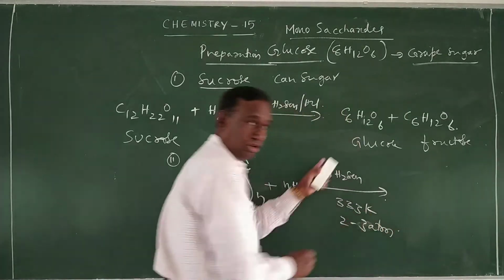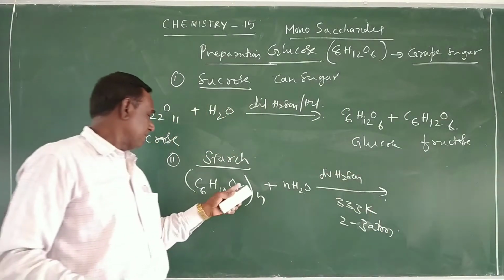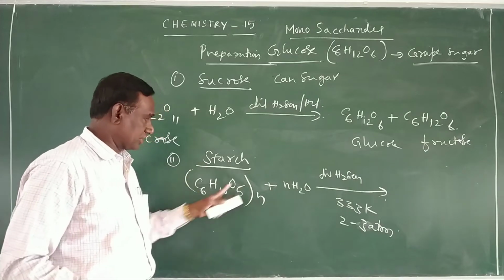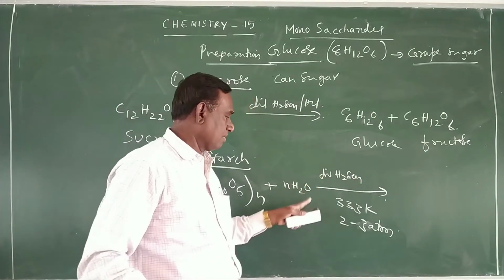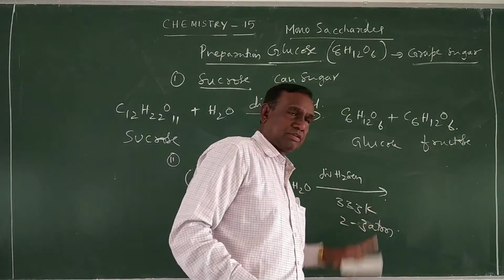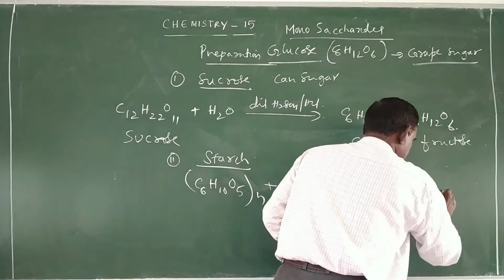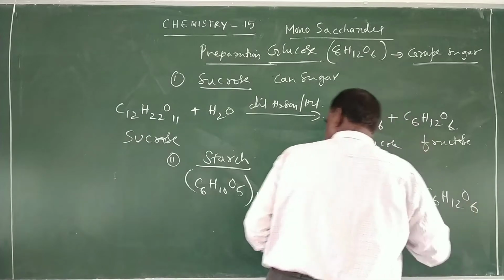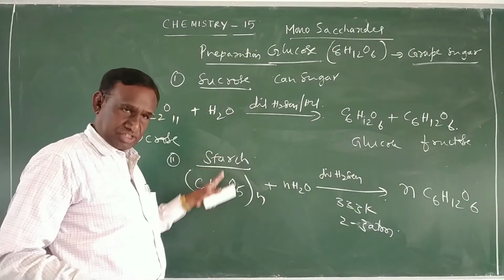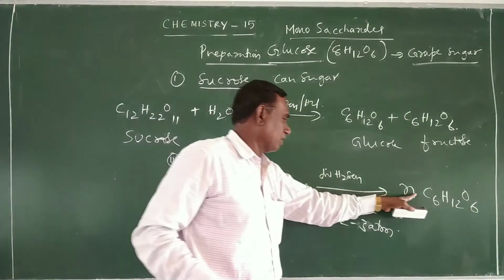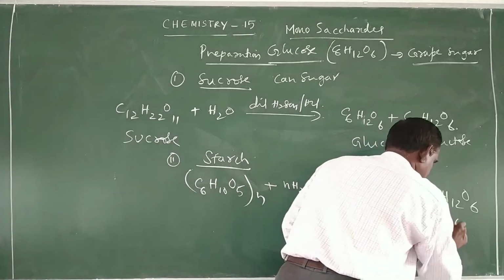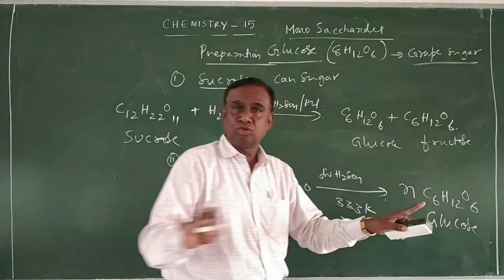These are the conditions you have to satisfy. So it gives only glucose molecules, nC6H12O6, not others. Starch gives only glucose molecules.